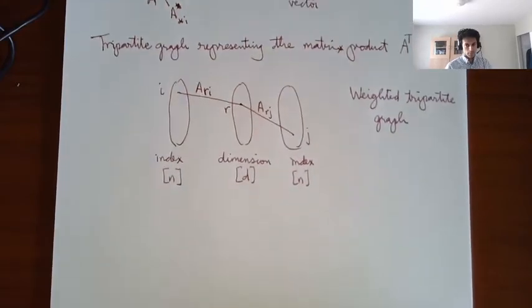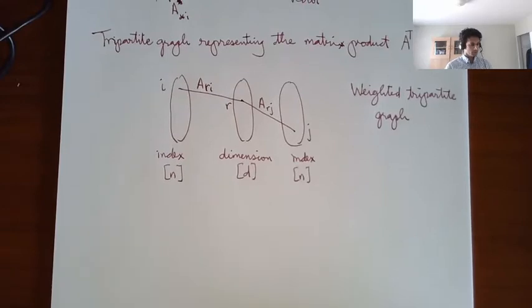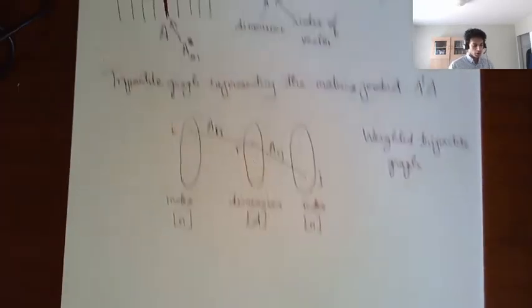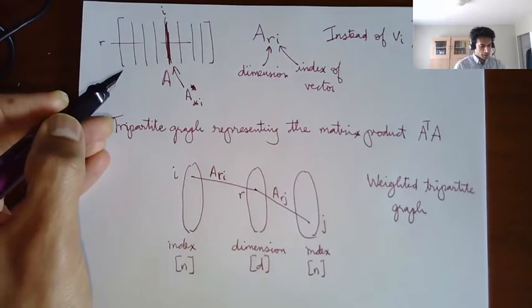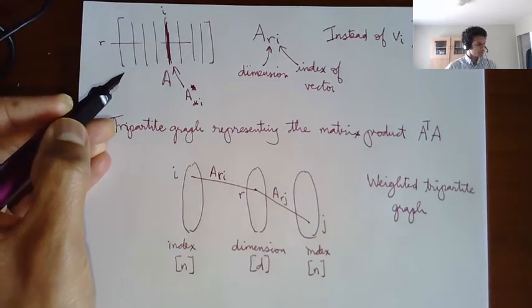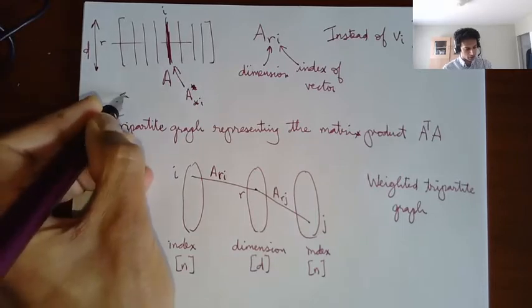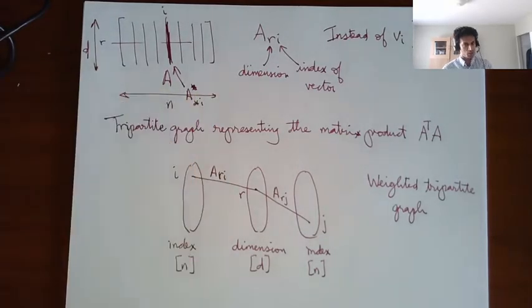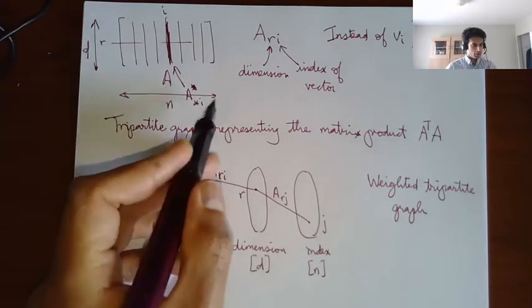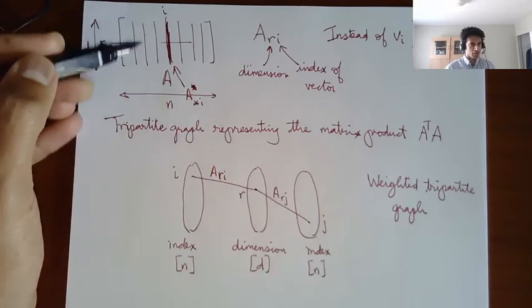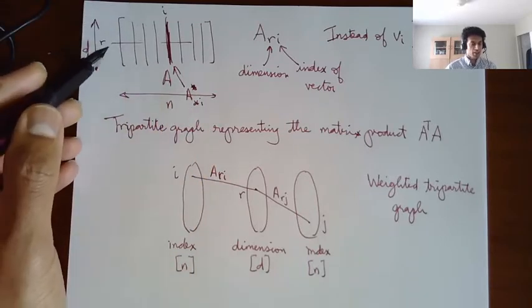Can you explain the construction once more? Sure. Remember, I started with a matrix A, with D dimensions and n columns. I'm thinking of this matrix as n vectors in D-dimensional space.